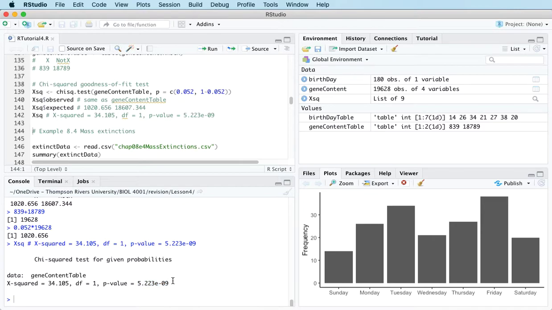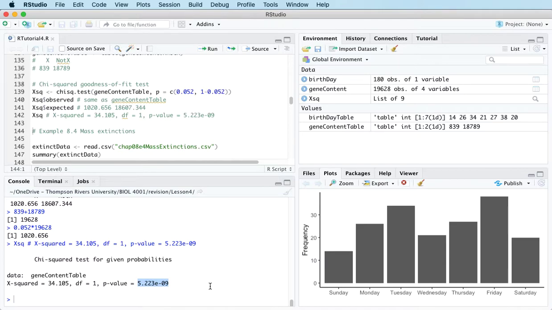So that's the third step, and then the fourth step is make a decision. Is this p-value smaller than our significance level 0.05? Yes, it is. So we reject the null hypothesis in favor of the alternative and draw a conclusion.